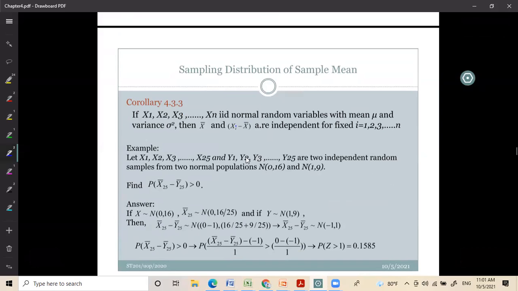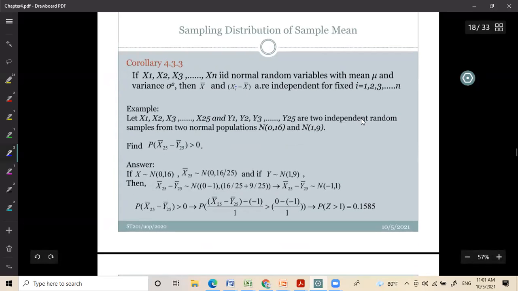What are the two quantities that are independent? X bar and Xi minus X bar. That means X bar and these deviations from the mean to each and every number. So that is another corollary that you can use sometimes in proofs.